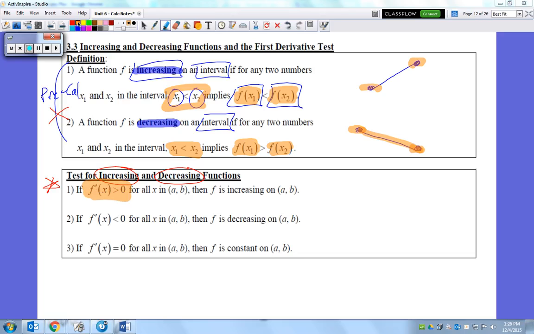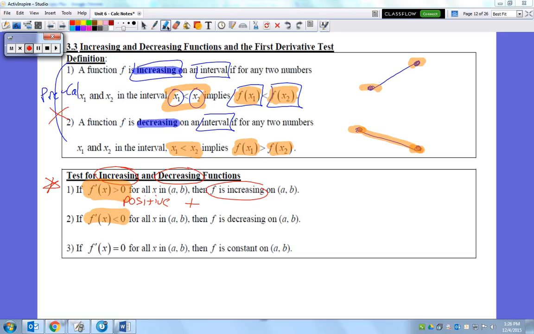If the derivative is greater than 0, which I want you interpreting as the derivative is what? Positive. Who said that? Positive, right? If the derivative is positive, then f is increasing.